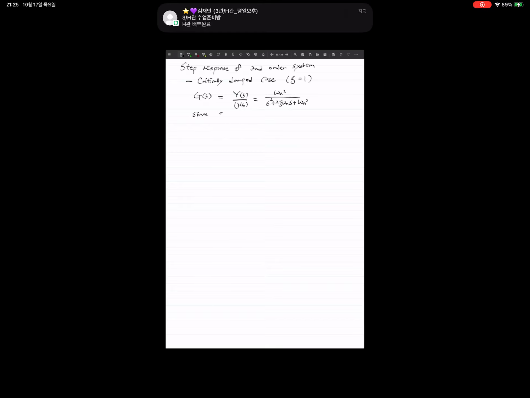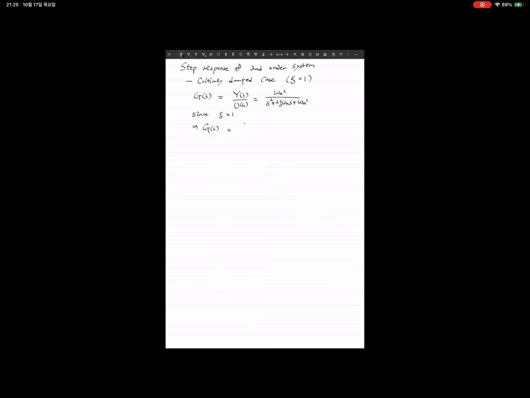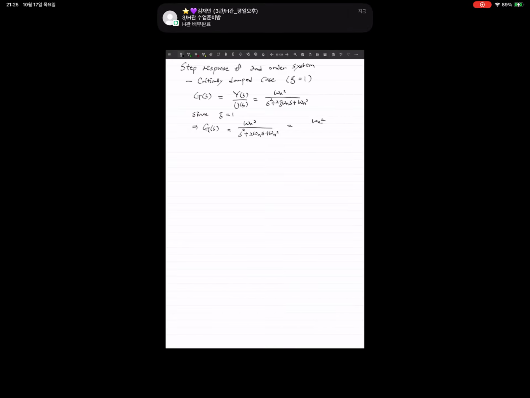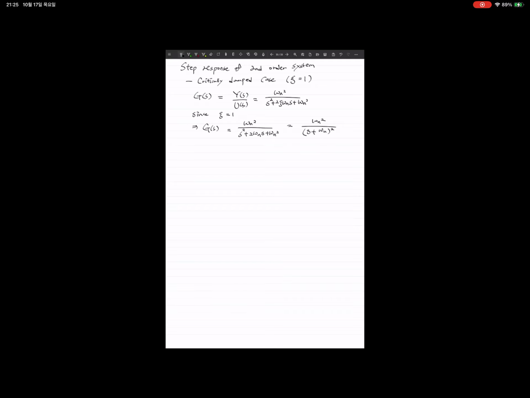Since zeta is 1, the transfer function becomes omega n square over s square plus 2 omega n s plus omega n square. This is omega n square over (s plus omega n) square. Y of s is omega n square over (s plus omega n) square times the unit step 1 over s.